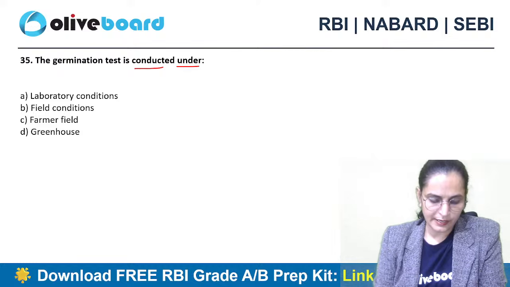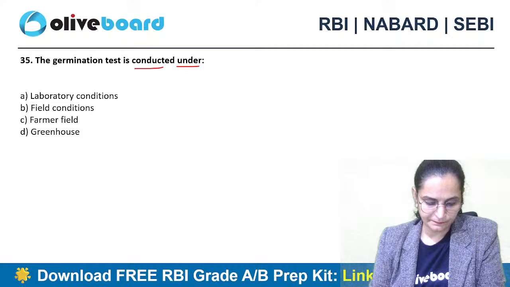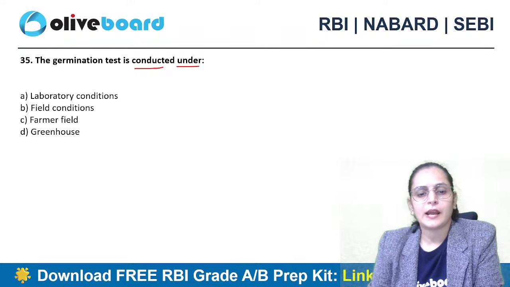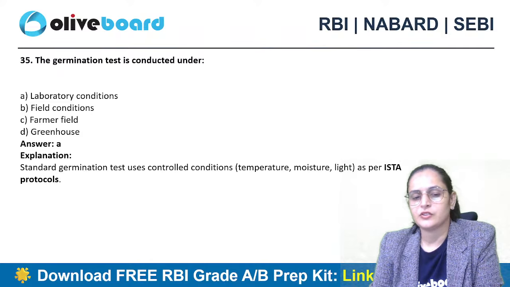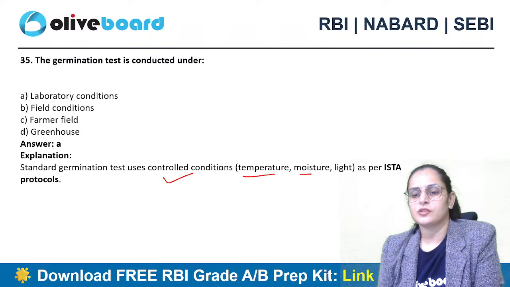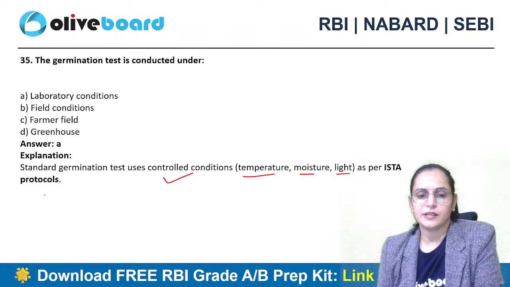So what should be the right answer? Please tell. So it is actually performed in laboratory conditions. The standard germination test uses controlled conditions like temperature, moisture and light as per ISTA protocol.